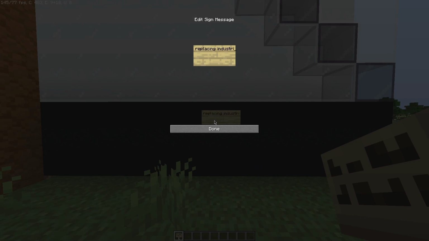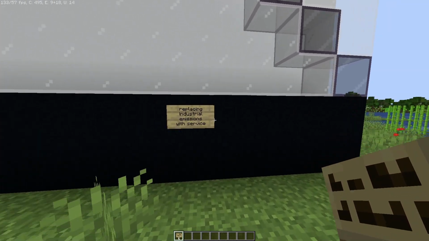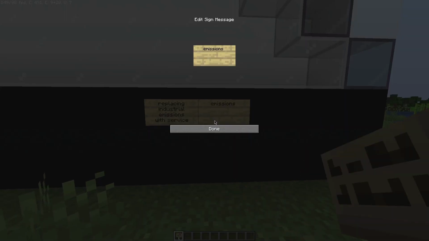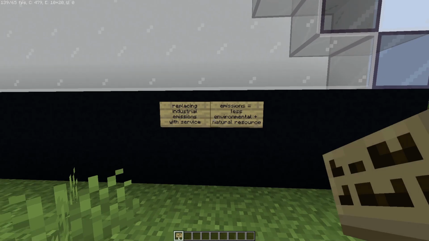Replacing industrial emissions, oh my days, with service emissions equals less environmental natural resources, please.